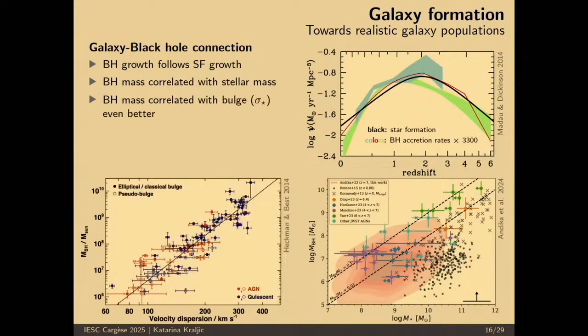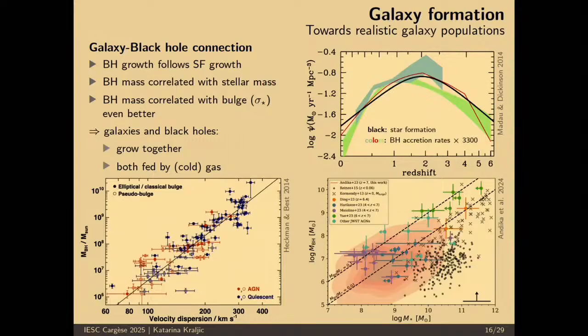And this relation is even tighter when, instead of stellar mass, we consider the velocity dispersion. For elliptical galaxies, velocity dispersion is essentially the velocity dispersion of all the stuff, and for disk galaxies, the velocity dispersion of bulges. So the black holes trace the growth of these bulges in galaxies.